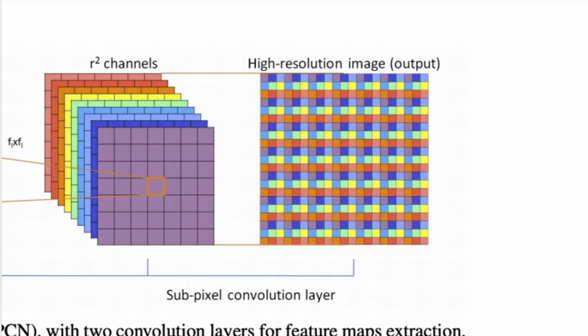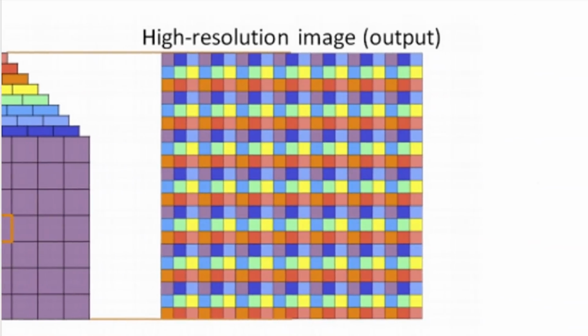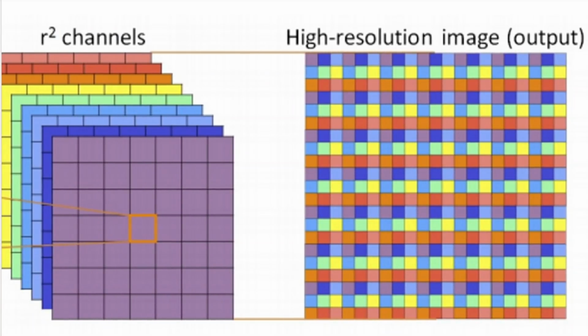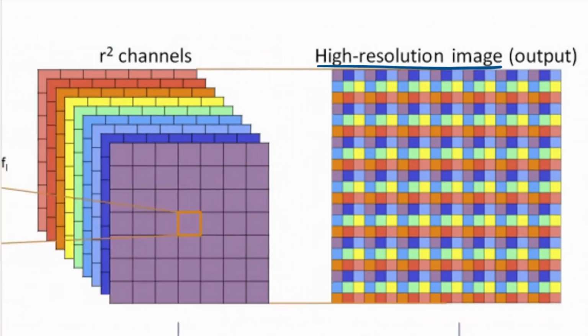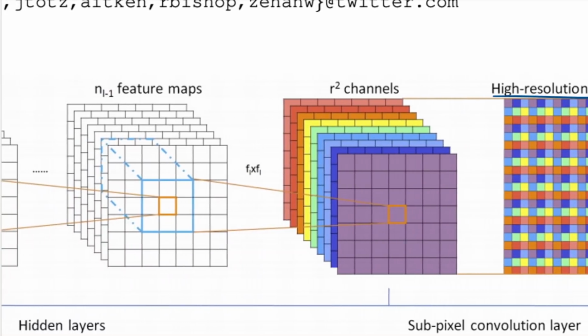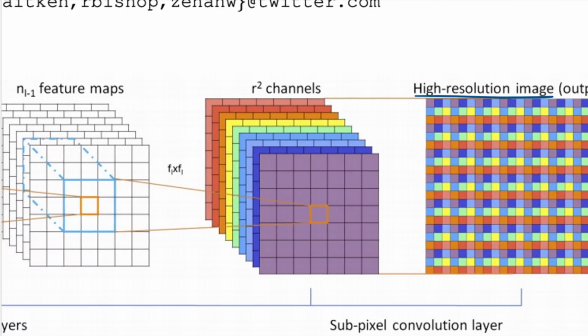And they figured out that if they had a high-resolution image, they can rearrange a high-resolution image into a smaller resolution image with more channels. So here you see they call this R squared, number of channels. So this number here is R squared.